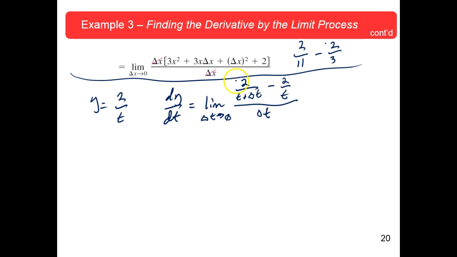We're going to multiply that by the numerator, t plus delta t over t plus delta t. I forgot my t's in front. Okay, and this one we're going to multiply by t times t plus delta t.